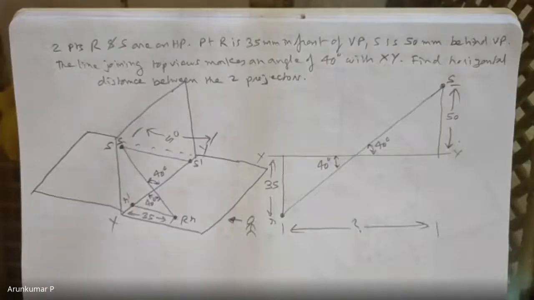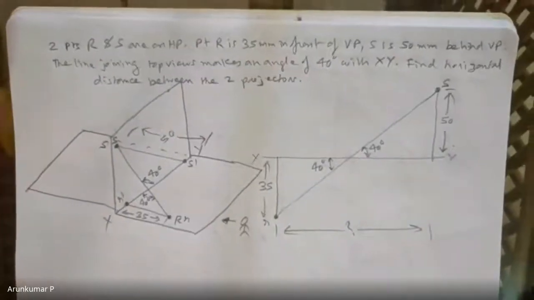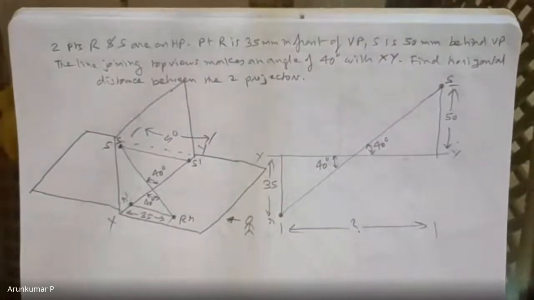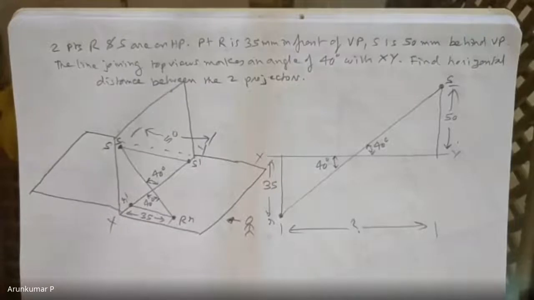Excuse me, sir. Please speak up. Not able to hear you. Yeah, tell me. Sir, please explain about that 71 mm. Previous question, sir. Previous problem.